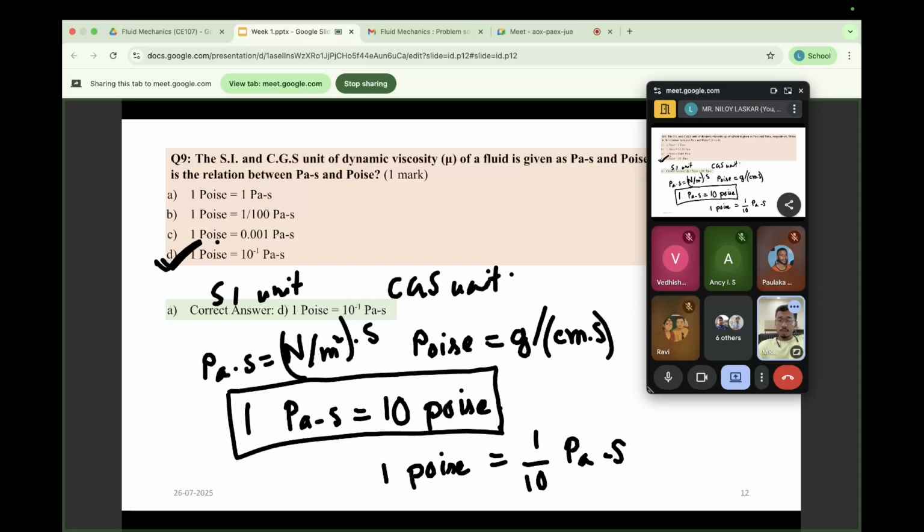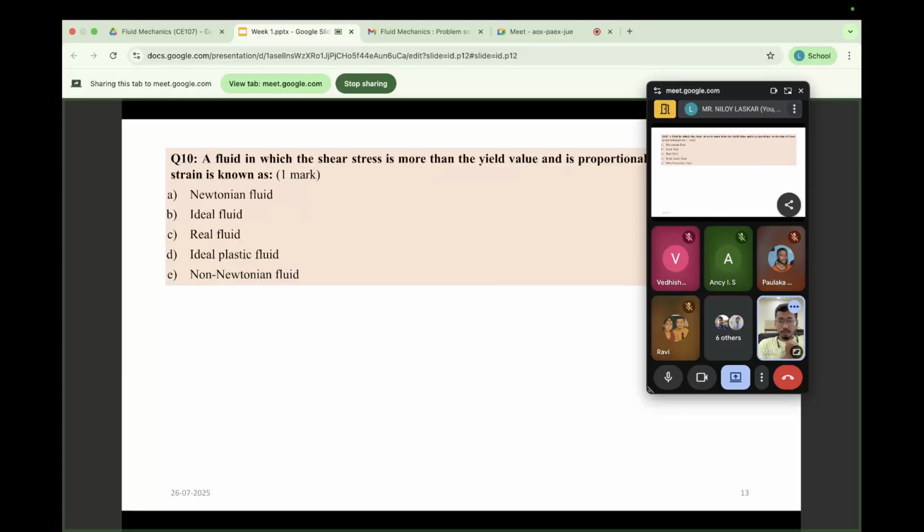Option D is the correct answer. So I am moving to the next one.